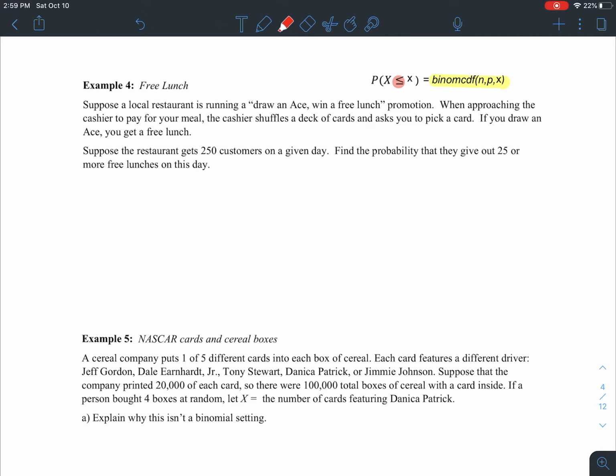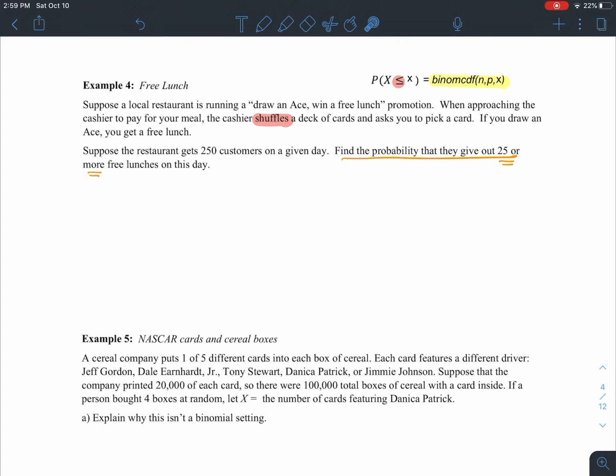When approaching the cashier to pay for your meal, the cashier shuffles a deck of cards and asks you to pick a card. If you draw an ace, you get a free lunch. Suppose the restaurant gets 250 customers on a given day. Find the probability that they give out 25 or more free lunches on this day.